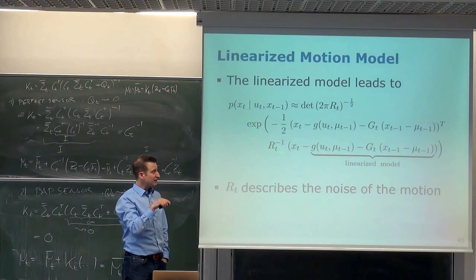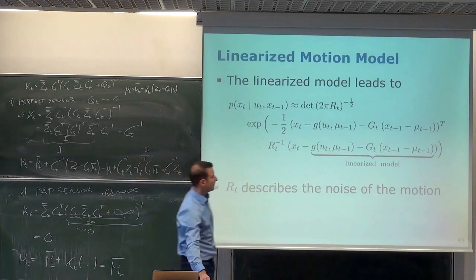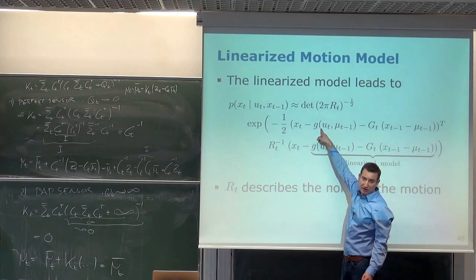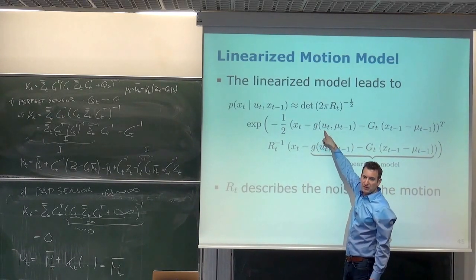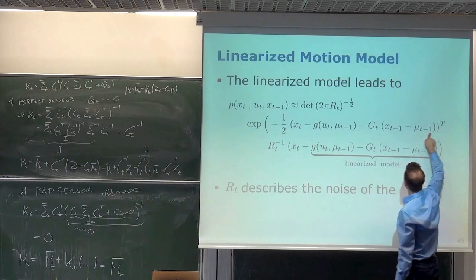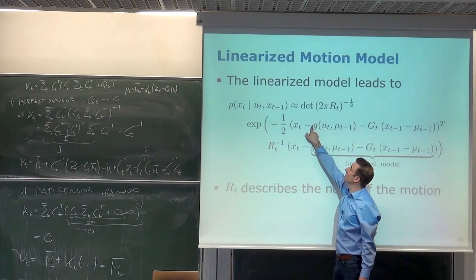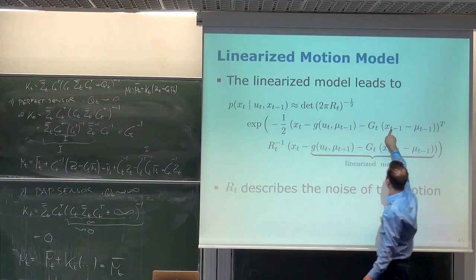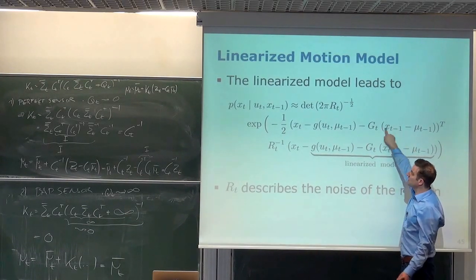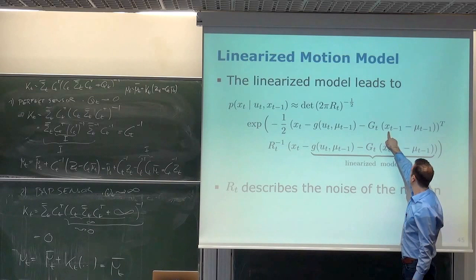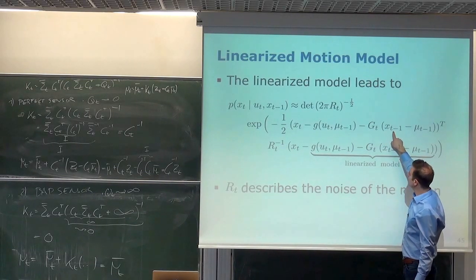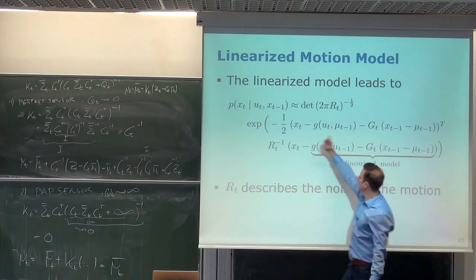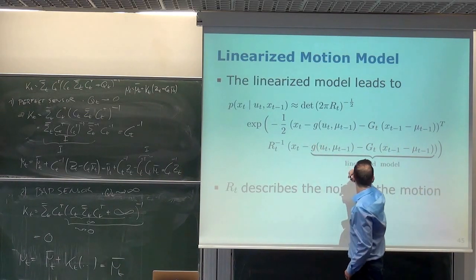So I basically take exactly the same equation that I had before, except that instead of A times xt minus 1 plus B times ut, I simply have the linearized form. So, evaluating the function g at the linearization point, and then I'm linear in xt minus 1. No, wait, here: linear in xt, sorry.